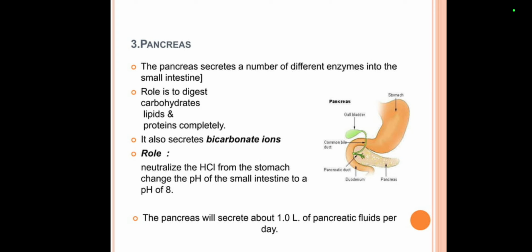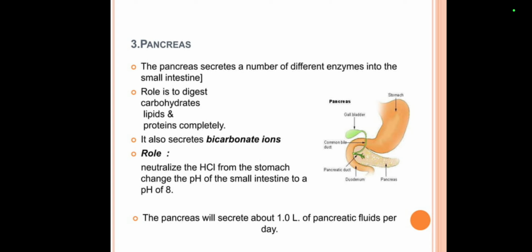And next, we have the pancreas. The pancreas secretes a number of different enzymes into the small intestine to digest carbohydrates, lipids, and proteins. It also secretes bicarbonate ions, whose role is to neutralize the hydrochloric acid, bringing the pH to a range of 7 to 8.